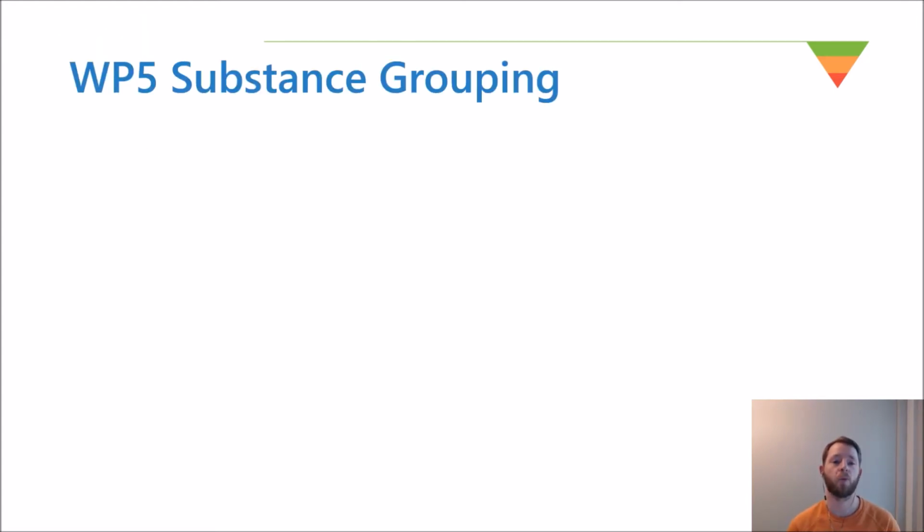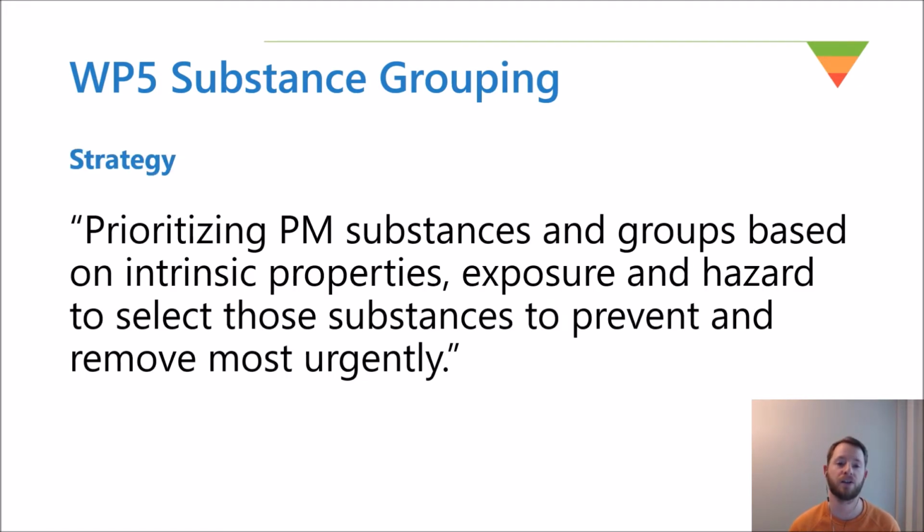When we talk about work package 5, which is about substance grouping, I thought it would be a great idea to remind everyone of the strategy that we had for work package 5. There's prioritizing PM substances and groups based on intrinsic properties, exposure and hazard, to select those substances to prevent and remove most urgently.